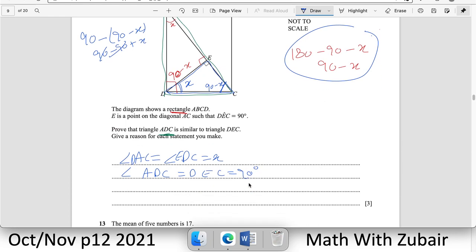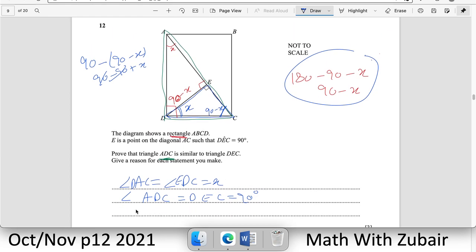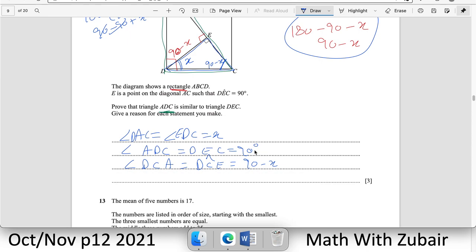And then we have the third angle, that is angle DCA equal to again angle DCE, which is 90 minus X. So we've shown all three angles. So by AAA they are similar. Proved.